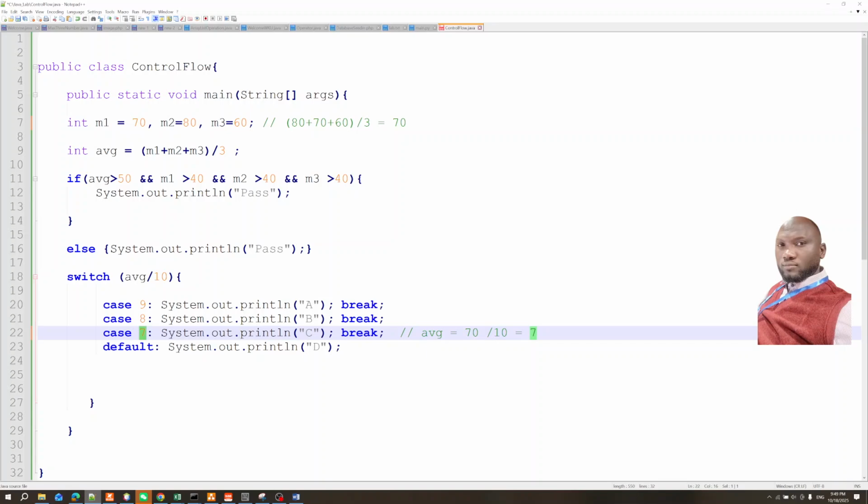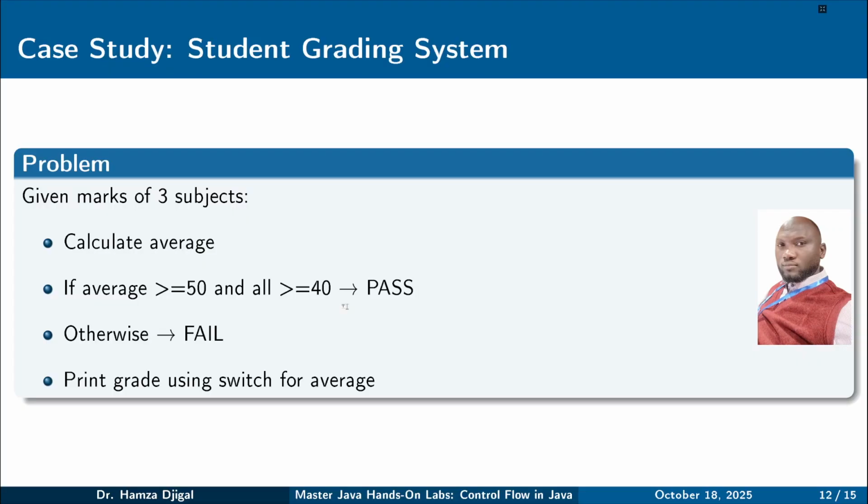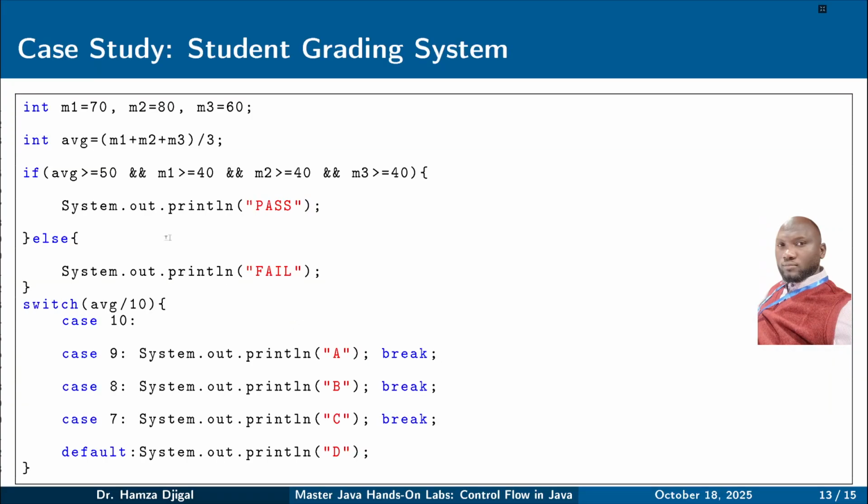Okay, so as you can see, this is one example that tries to summarize almost what we have learned today. And if you go to check, it is exactly what I gave you here, the condition. We assume that we have these marks for the student, and we compute the average.